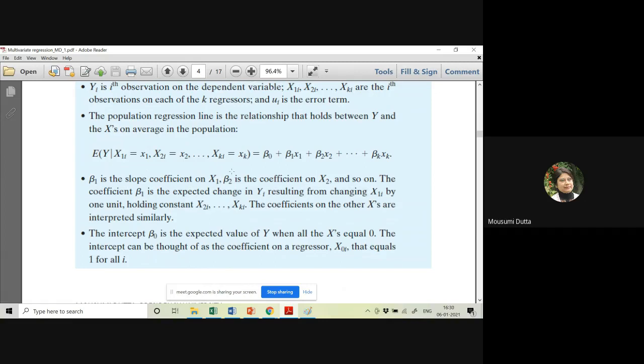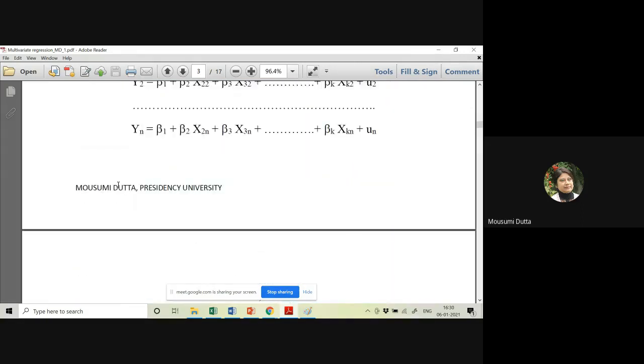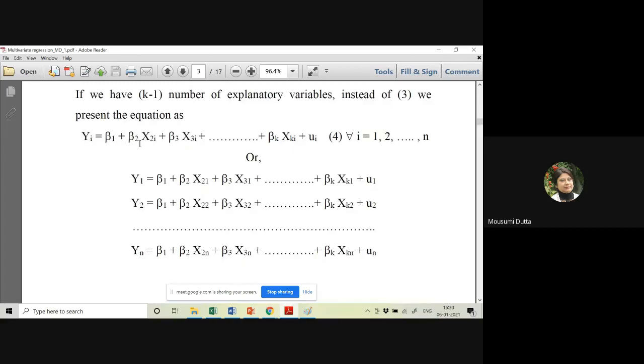Given this particular set of x, what will be the expected value of y? The population equation is beta naught plus beta 1 x1 plus beta 2 x2 plus up to beta k xk. And on the basis of the sample observations, in terms of the scatter diagram, we present the same model as yi is equal to beta 1 plus beta 2 x2i plus beta 3 x3i plus beta k xki plus ui.